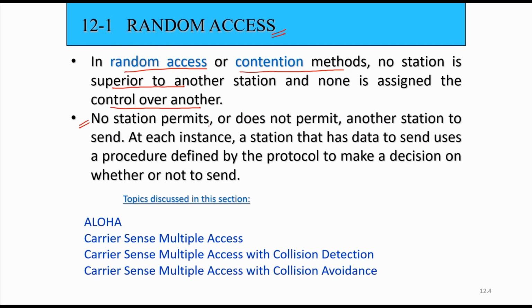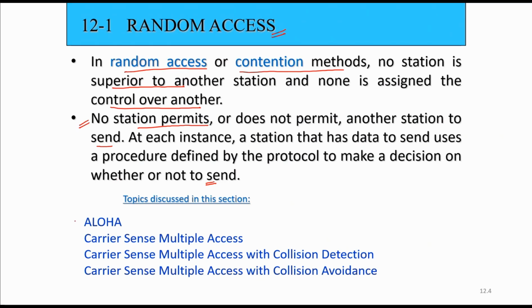No station permits or does not permit another station to send. At each instance, a station that has data to send uses a procedure defined by the protocols to make a decision on whether or not to send. That means if someone wants to send data, based on the set of rules, they decide whether that particular station can send the data or not. So that is random access.